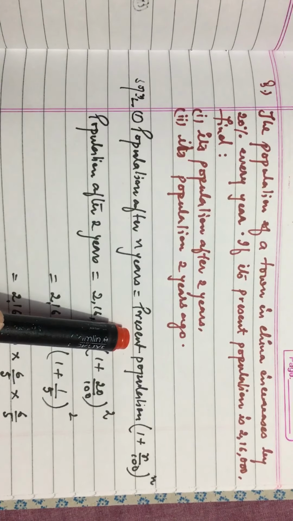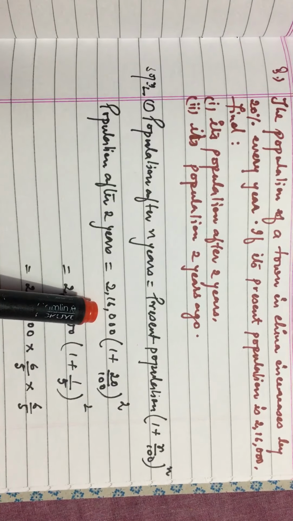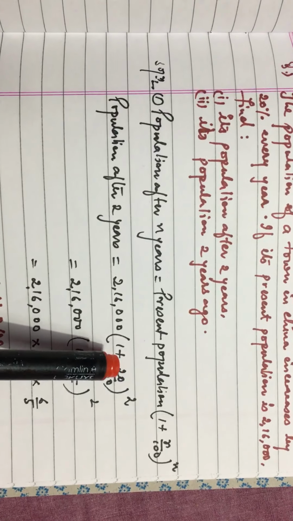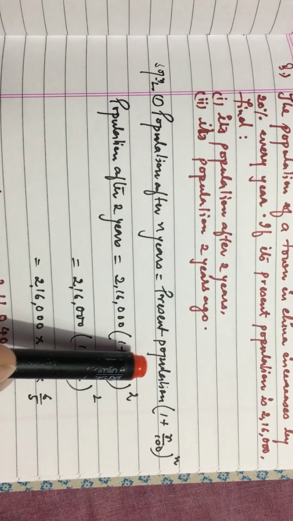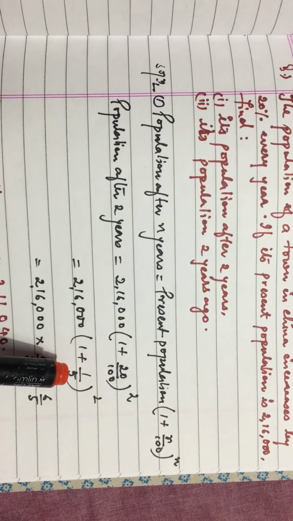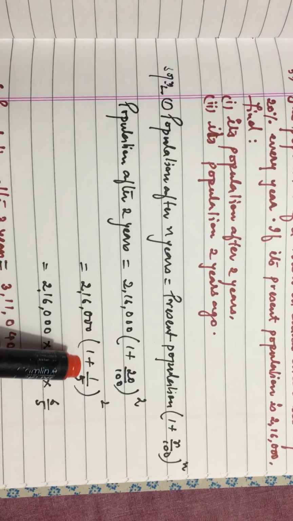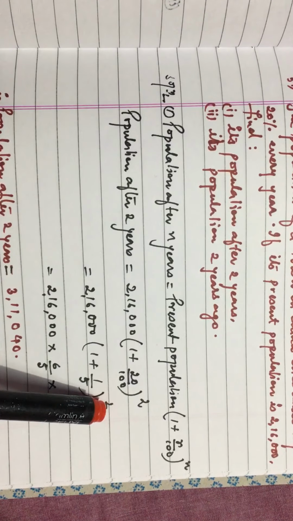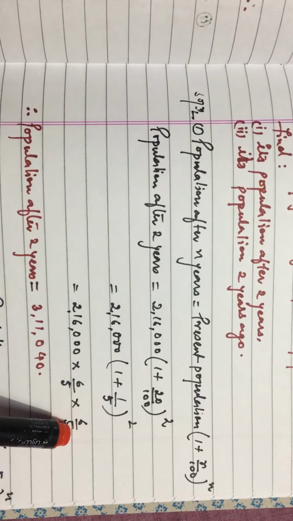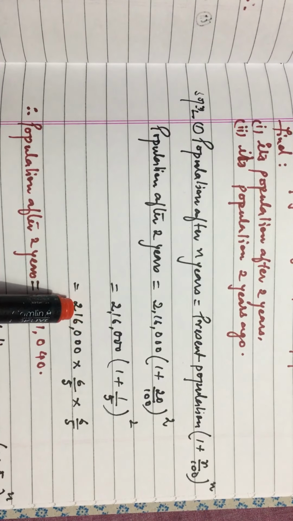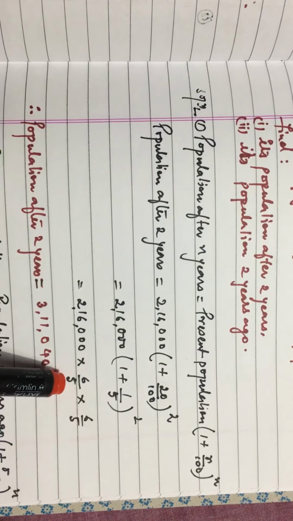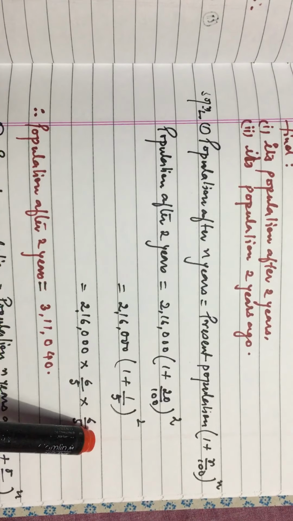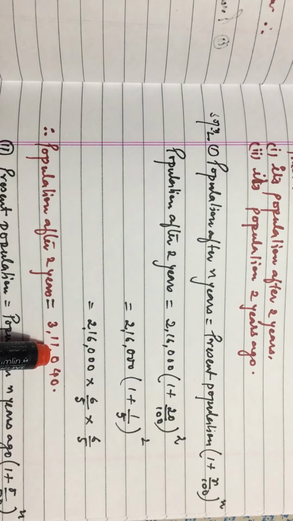The present population is given, 2,16,000, and the rate increases by 20%, so we put 20 by 100. 20 ones are 20 and 20 fives are 100. 5 ones are 5 plus 1, 6 by 5 to the power 2. So we write it 2 times, and this 2,16,000 is cancelled by 5 fives are 25. Whatever we get here, that is multiplied by 6 into 6.